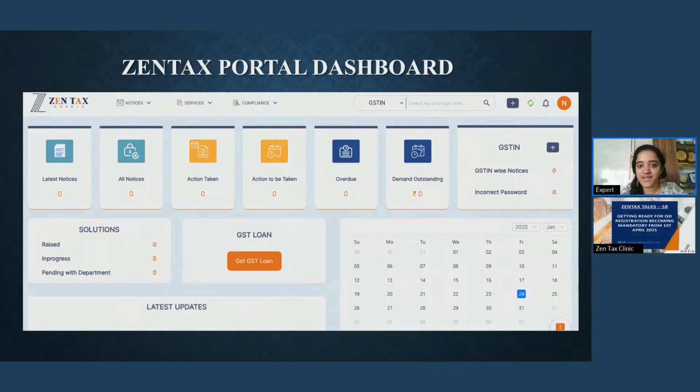Action to be taken is something you have to be very careful with, because it has to be replied to within the due date, else the department will start initiating their proceedings. Overdue is where the due date has lapsed, and that count will be mentioned here. And demand outstanding is the total amount of demand outstanding, which will be mentioned in this dashboard.